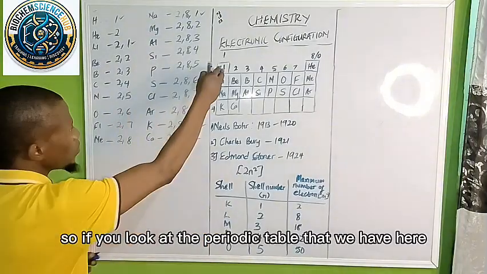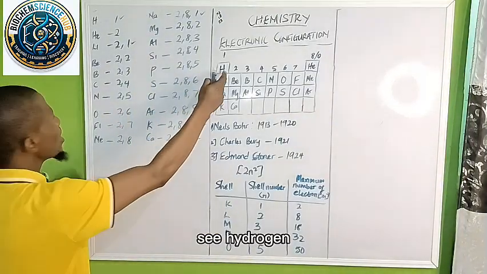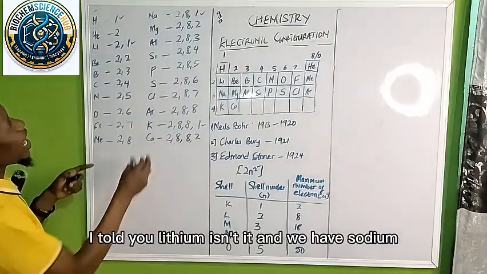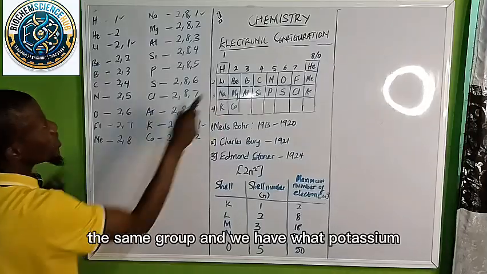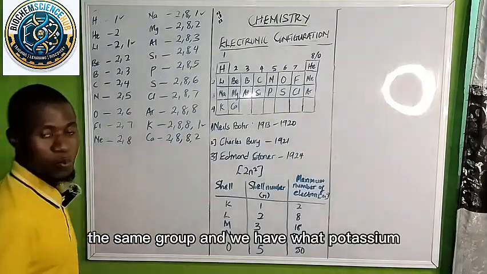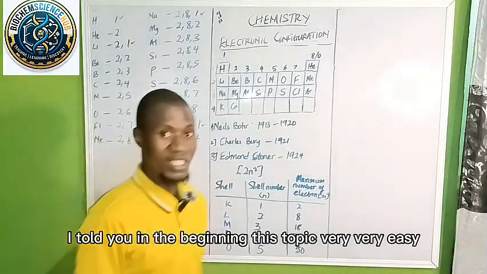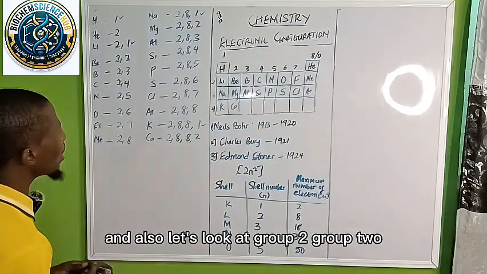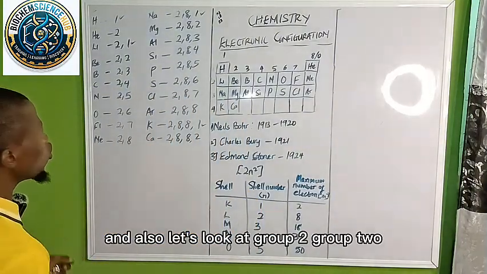So if you look at the periodic table that we have here, see hydrogen, lithium, and we have sodium in the same group, and we have what? Potassium. I told you in the beginning, this topic is very easy. Chemistry is a very interesting subject. And also let's look at group 2.